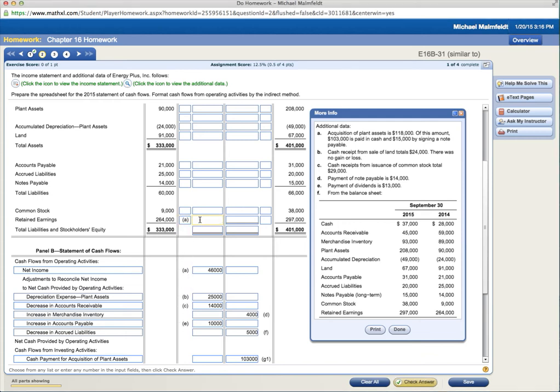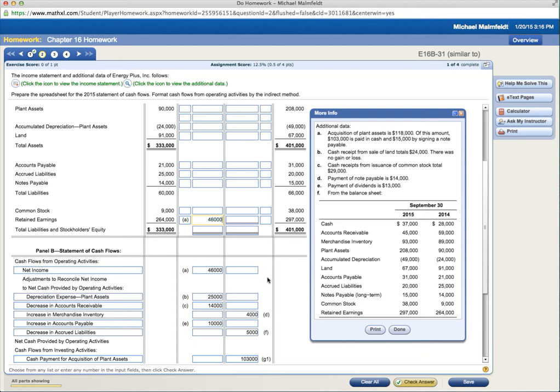and we're going to add $46,000 of net income to our retained earnings. Now you'll see right when we do that $264,000 plus $46,000 does not equal $297,000. So we know right away that there's going to be a credit side to this transaction as well.